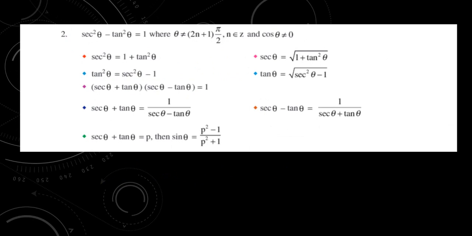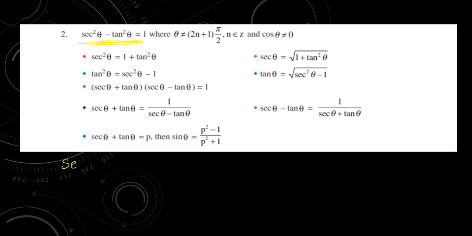The second identity is secant square theta minus tan square theta is equal to 1. You can simply remember it by order of letters: s comes after t, so first s comes, then t, and in the middle you have minus.